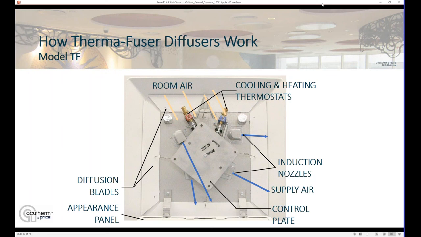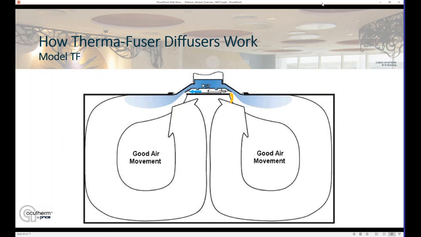What that does is create an area of low pressure around 2 thermostat actuators there on the upper left-hand side of the drawing, and room air is drawn in and over those thermostats. If we remember our good room air movement, as that air is moving around the room, this area of low pressure is drawing that room air up and in the diffuser. It's a very good way to get an accurate measurement of room temperature as you're getting that rising column of air under the diffuser.